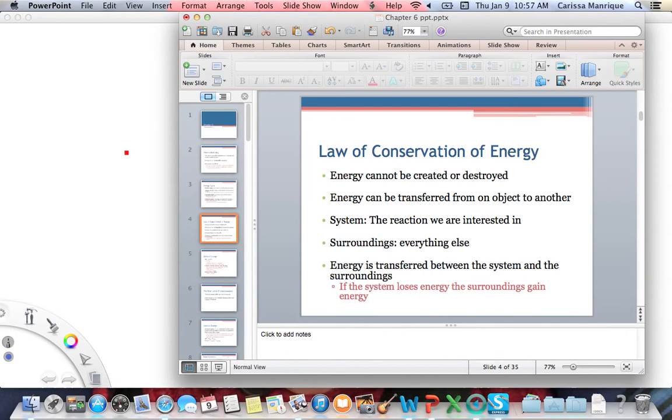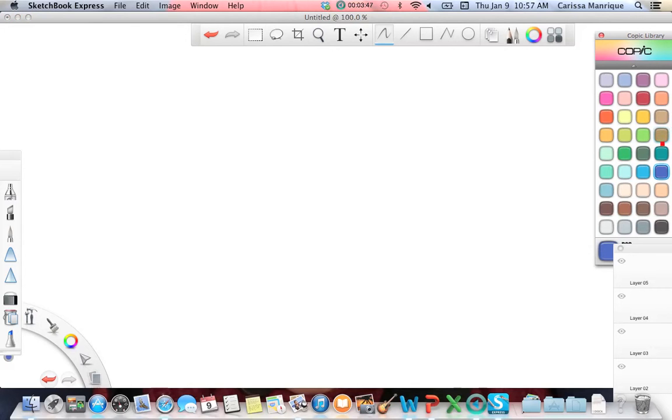So let's think about this for a second. Let me draw a fire. Here's my fire. Okay, that doesn't look like fire at all, but it's a fire. Let me put some logs on there.